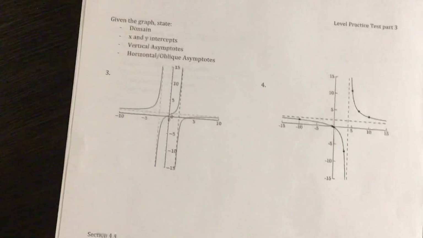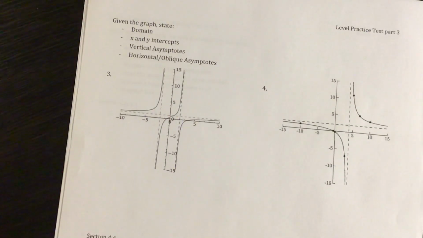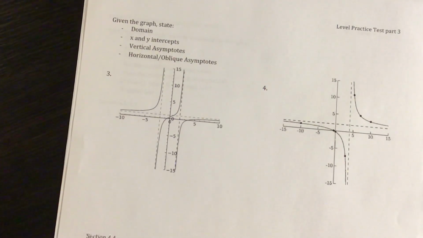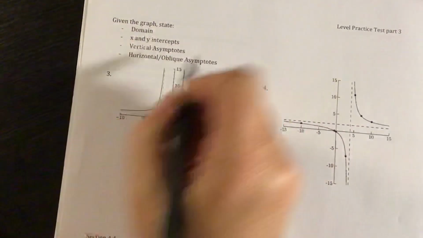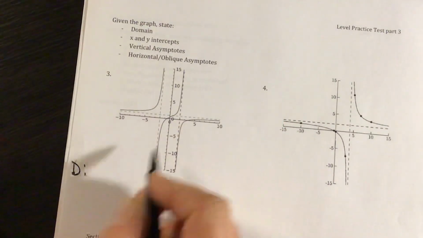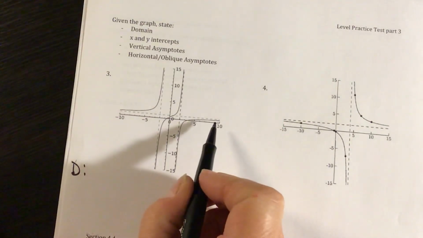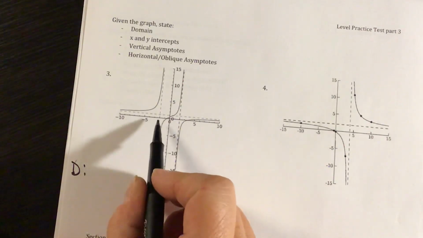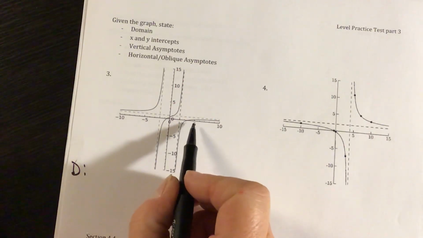In this next one, they're asking us to analyze the graph this time, and we're going to see if we can come up with an equation. Even though it doesn't say come up with an equation, I think we can do that. I know here that my domain is all x values except for where I have asymptotes.